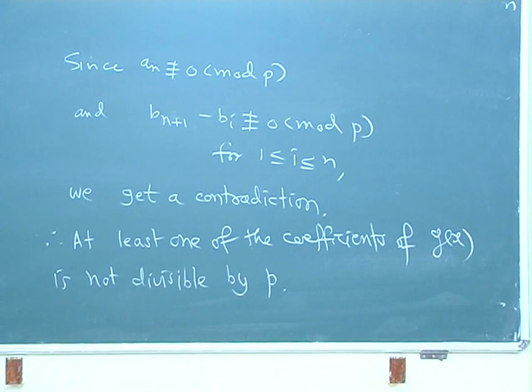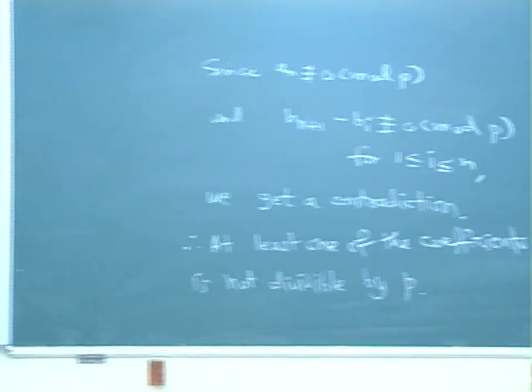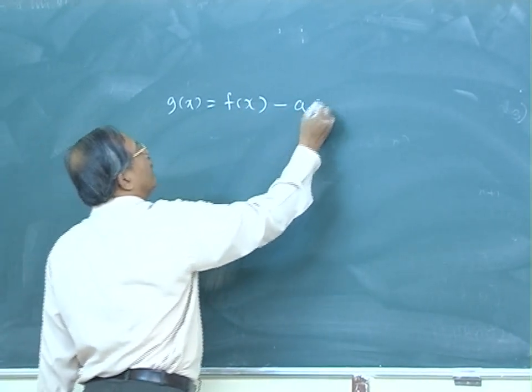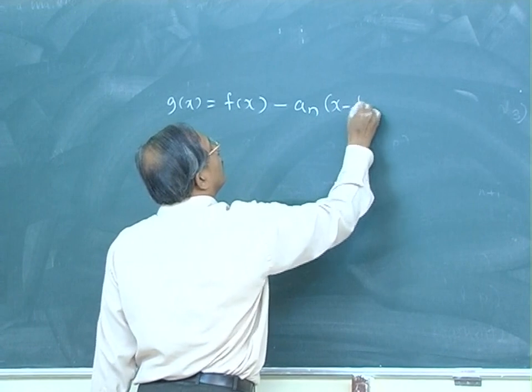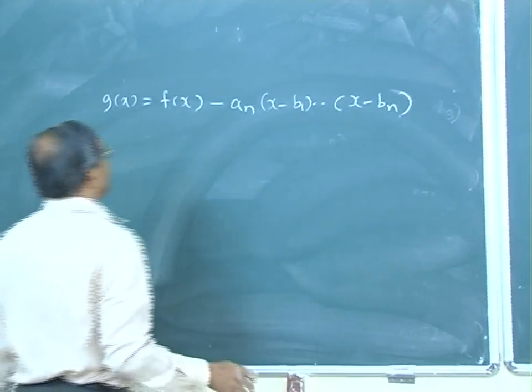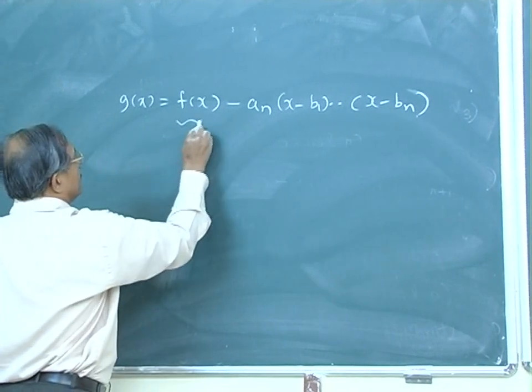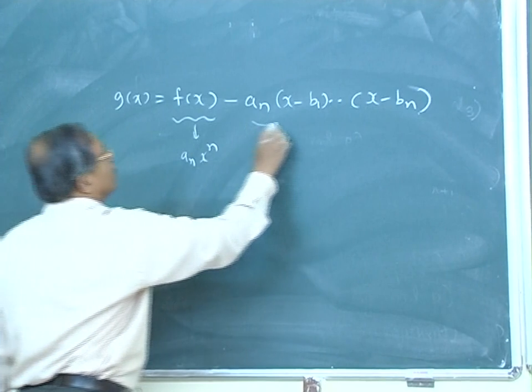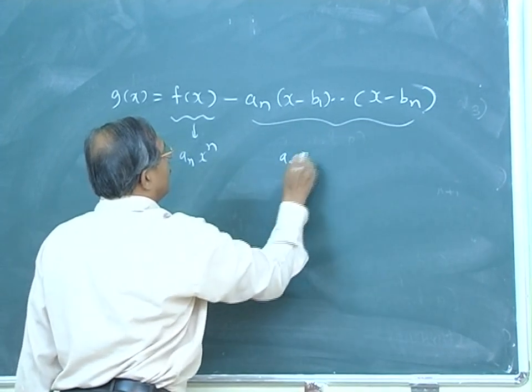But now g(x) is f(x) minus an into (x minus b1), etc., (x minus bn). What is the leading term here? an x raised to n. What is the leading term here? an x raised to n.